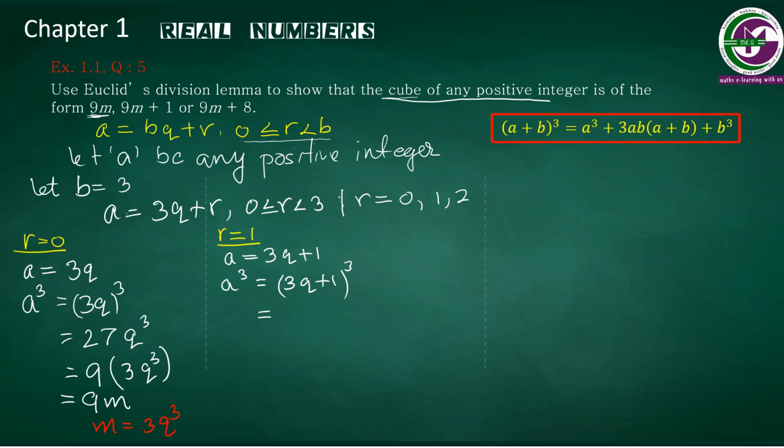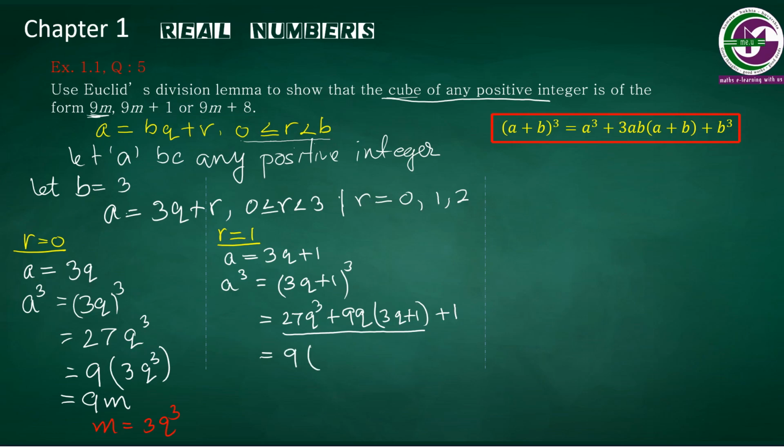So using that we'll get a cube, which is 27q cube, plus 3 times a times b. So 3 times a is 3 times 3q, so that is 9q, times a plus b, 3q plus 1, plus b cube. Here b is equal to 1, so it is 1. Now from the first two terms, we can take 9 outside.